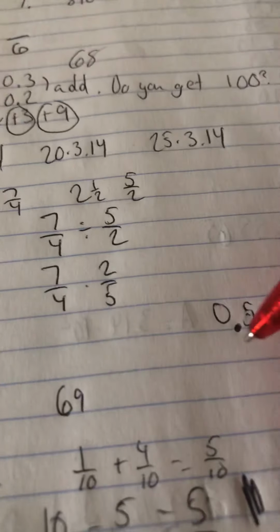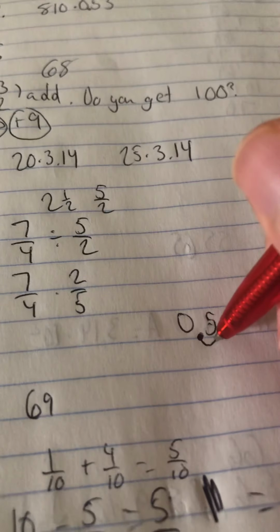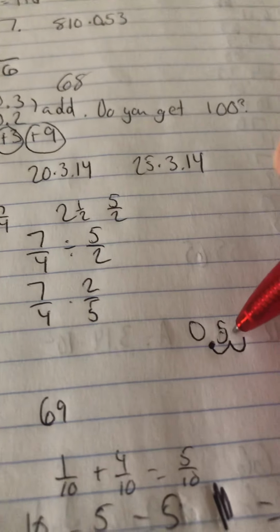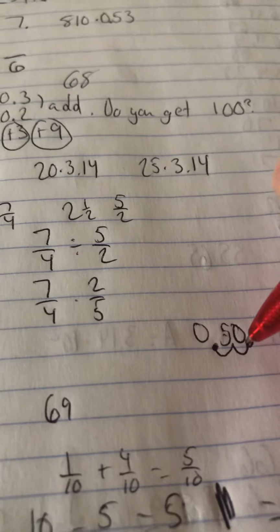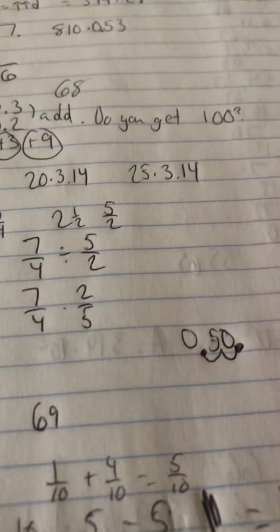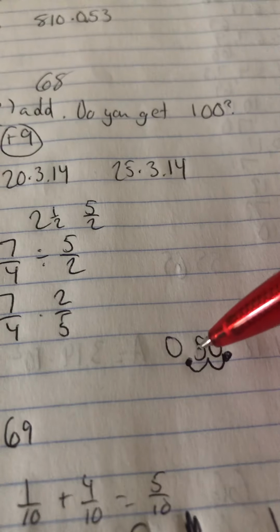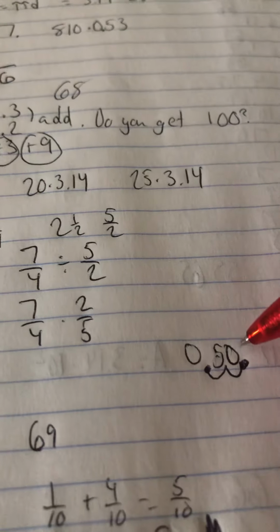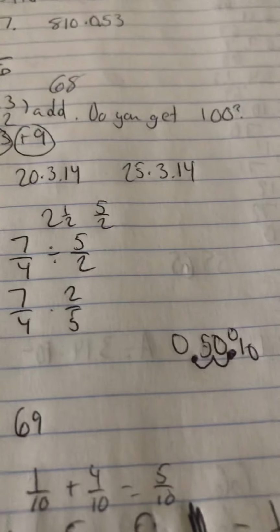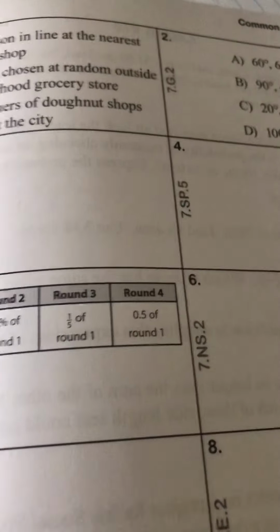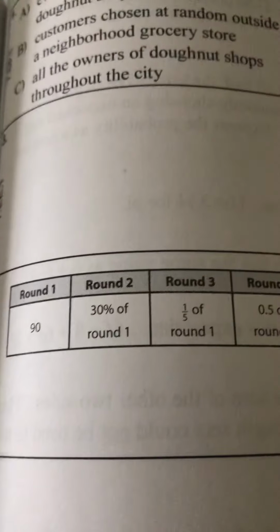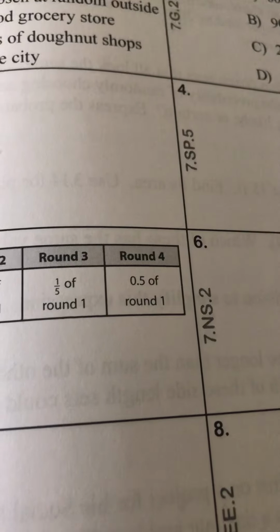If you want to make it a percent, you move the decimal to the right 2 places. So that means 0.5 is 50%. So round 4 is 50% of round 1. Round 2 is only 30%. So that means round 4 is your greatest round.